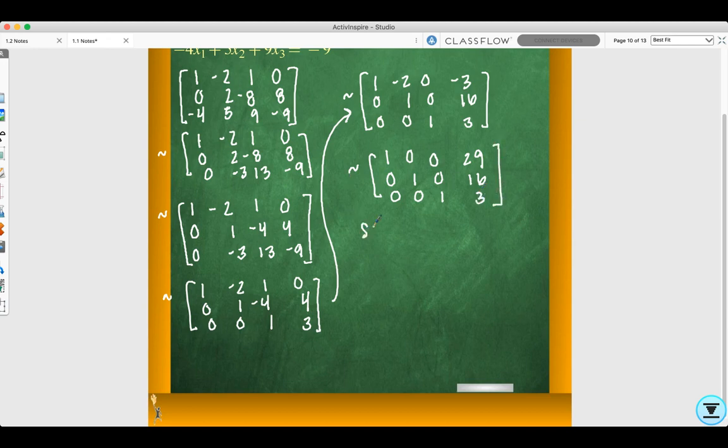So my solution would be 29, 16, 3. And you can go ahead and check that by plugging these values into x1, x2, and x3. And you should get the correct answers from the example.